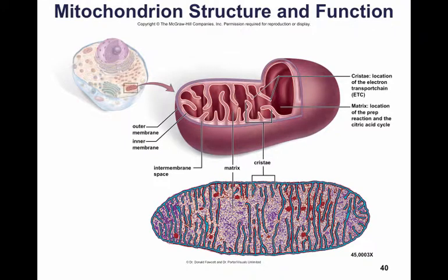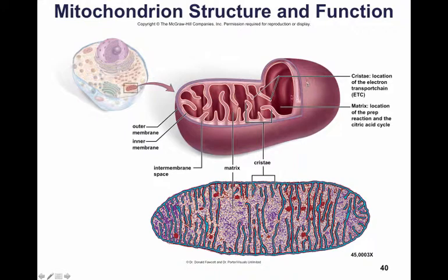Remember that mitochondria probably had a very ancient origin as a bacterium, and through endosymbiosis became part of a eukaryotic cell. The mitochondrion has a double membrane, a rather smooth outer membrane, and a convoluted inner membrane called the cristae. It is in the membranes of the cristae that we have the electron transport complex.